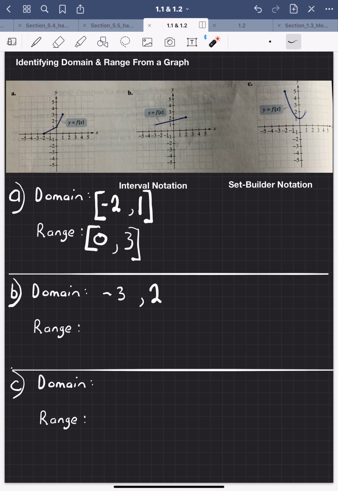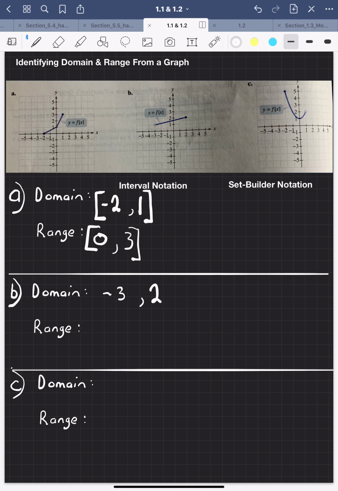Well, this solid dot tells me that the 2 is included. But this hollow dot tells me that -3 is not included. All that means is it gets really close, but never actually gets to -3.